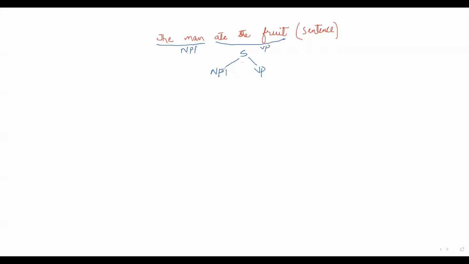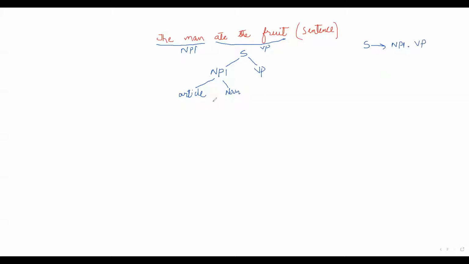Okay. Internally, noun phrase can have two parts. One is the article, and another is noun itself. So I can write these rules. So sentence can be generated from a noun phrase concatenation with a verb phrase.